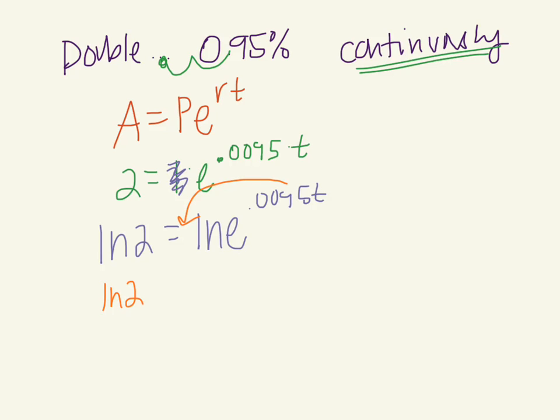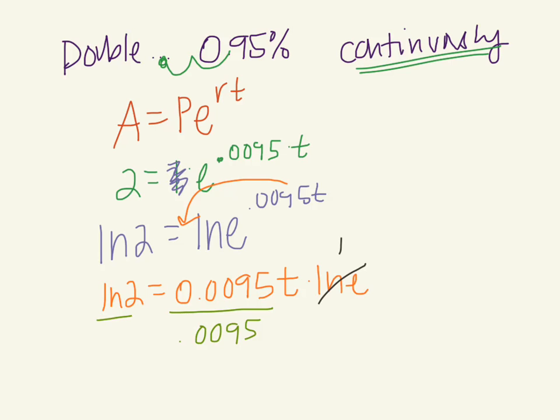So ln of 2 is equal to 0.0095t times ln of e. ln of e is simply 1. So your last step, when you go ahead and divide by 0.0095 on both sides, you end up with t equaling 72.76, or not 76, 96.